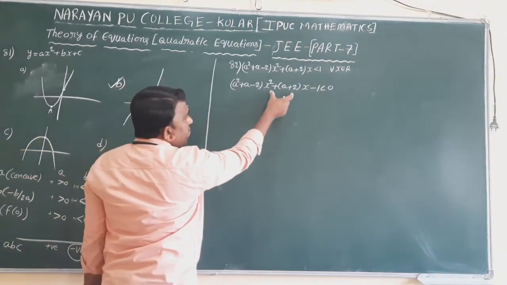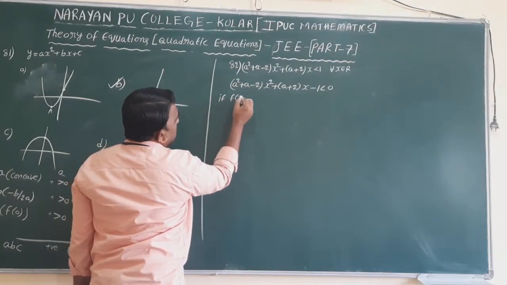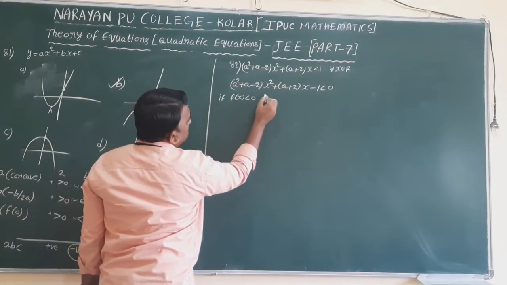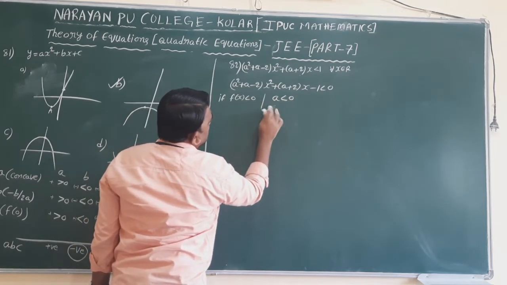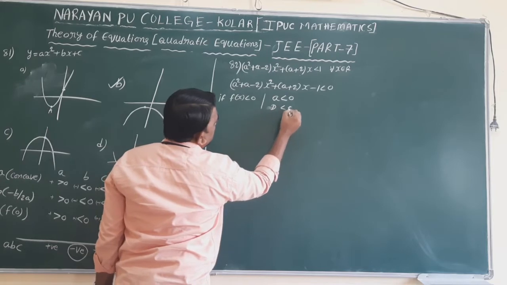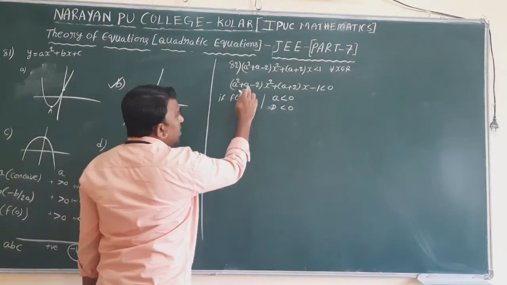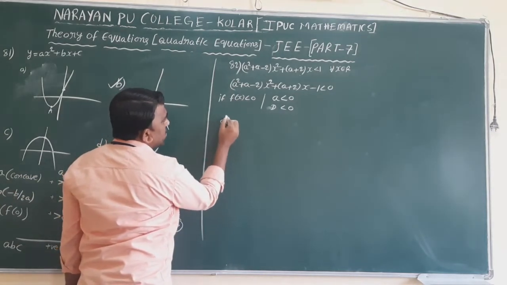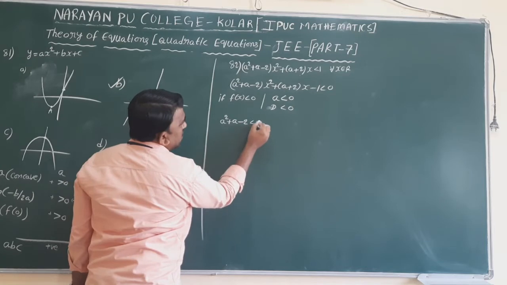This is completely f(x). If f(x) is less than 0, so a is less than 0 and the discriminant is also less than 0. Now, what is a here? a² + a − 2 is less than 0.